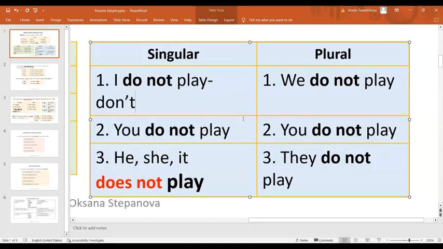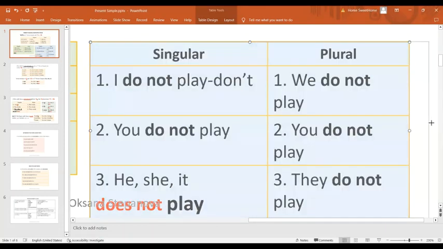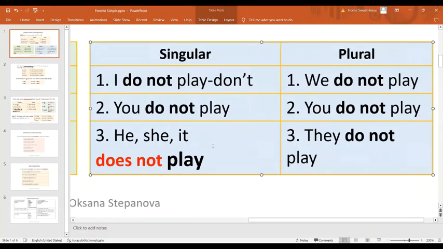I don't play. I don't play. When we say you, second person, we use the same structure. We use the help of do plus not. We say, you do not play. In simple words, you don't play.